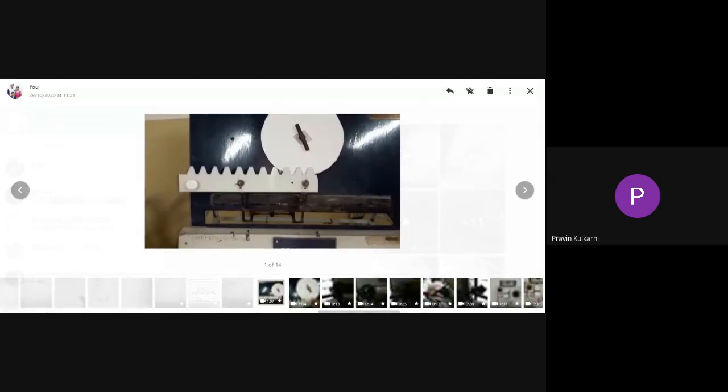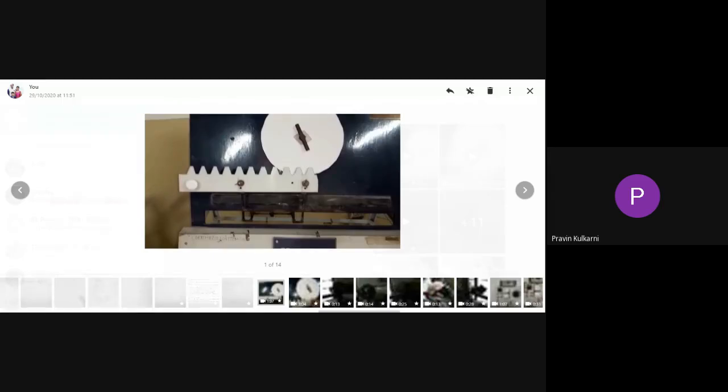Now I would like to advise you to go through the various manufacturing methods of gear. If we make a list of manufacturing methods, then ultimately you have gear hobbing. Gear hobbing is one of the methods of gear generation. Then gears are manufactured using a milling cutter also.